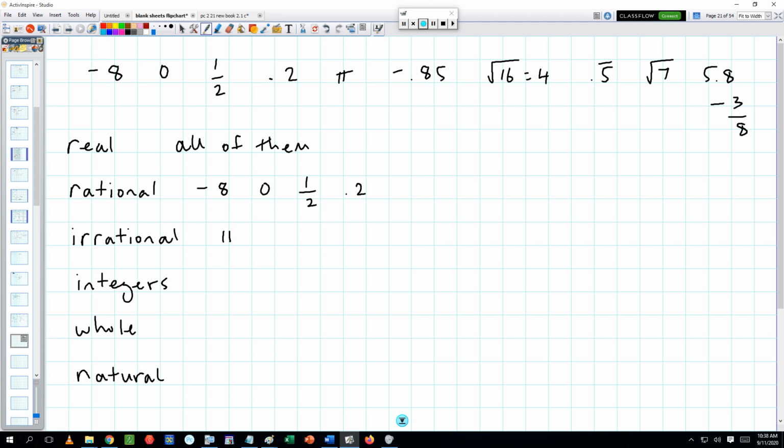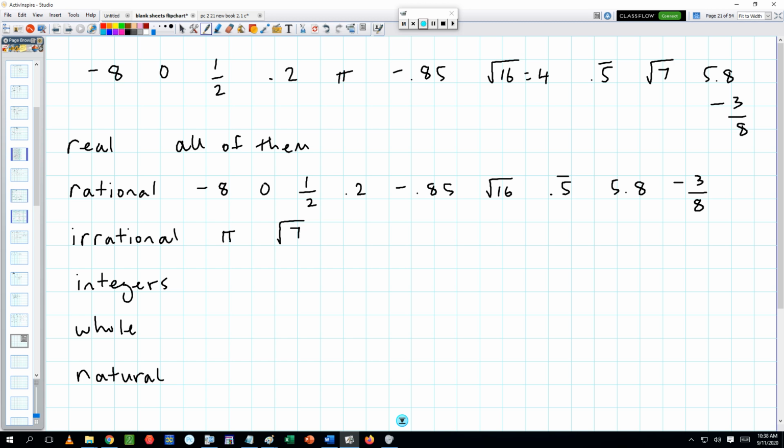Pi is irrational. -0.85, the square root of 16, 0.5 repeating, decimals that repeat, decimals that stop are rational. Square root of 7, no, that's nasty. 5.8, and a fraction, which is really the true definition of a rational number.